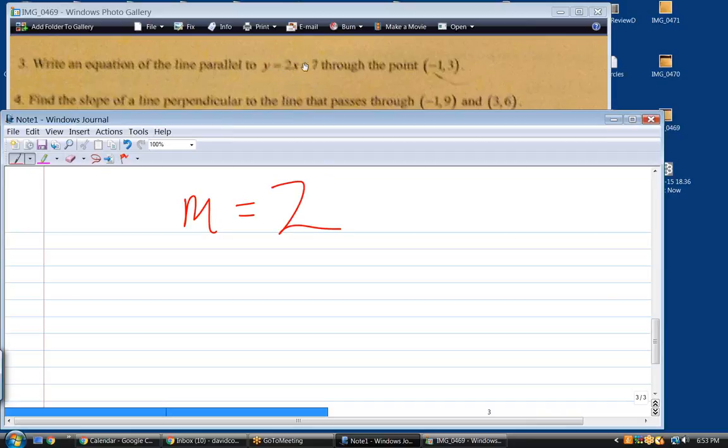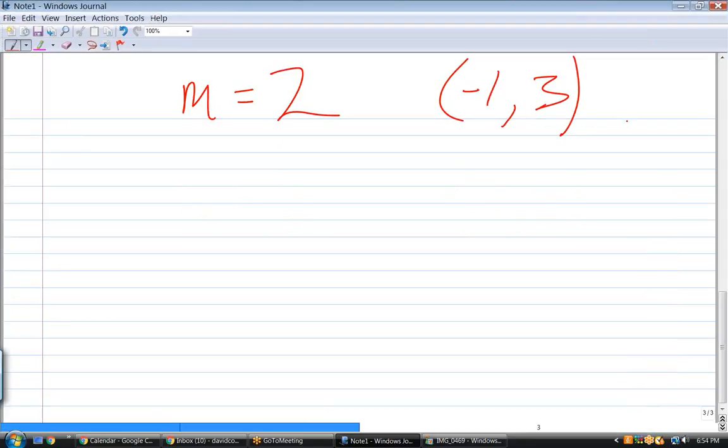This is not the equation of our line. This is the equation of another line. And they're saying we have a line that is parallel to this line, but it goes through this point. Now, how you solve this all comes down to what you know better.